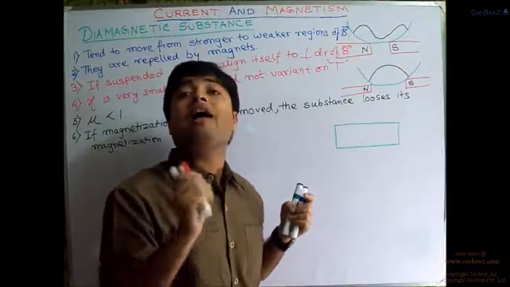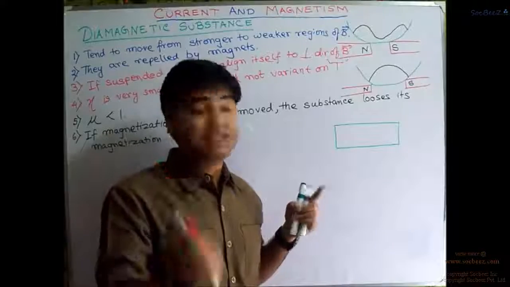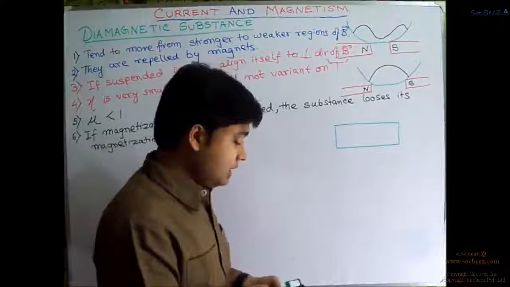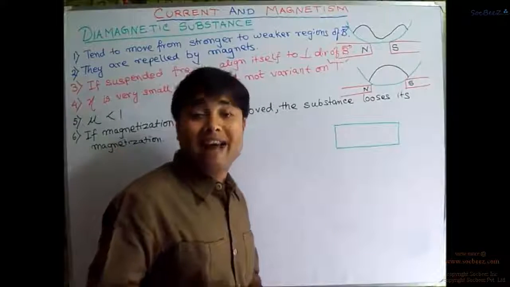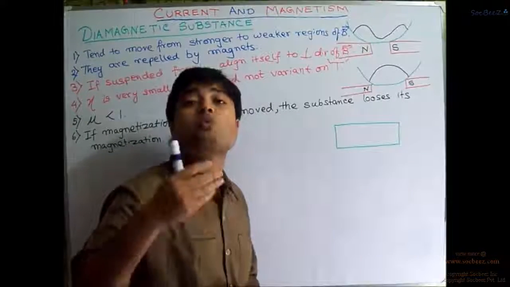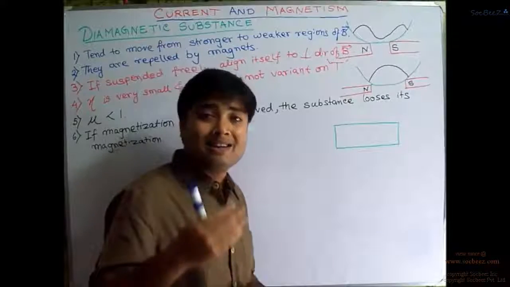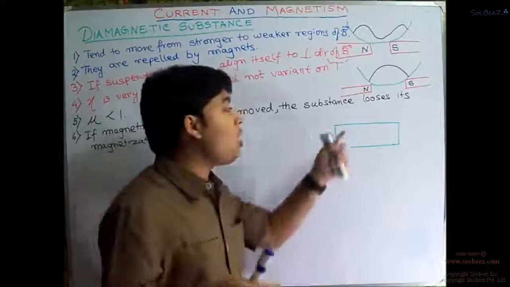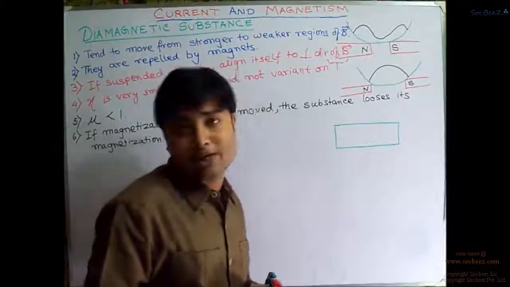But for a diamagnetic substance placed in a magnetic field, the magnetic field tends to pass through the surroundings rather than through the inside of the diamagnetic substance.